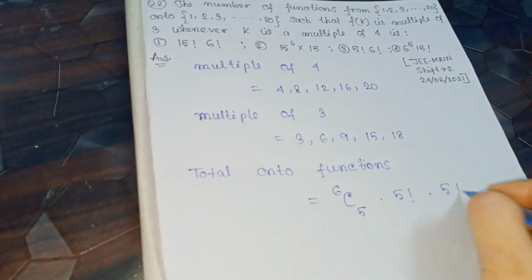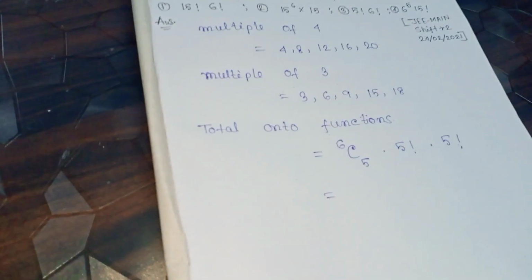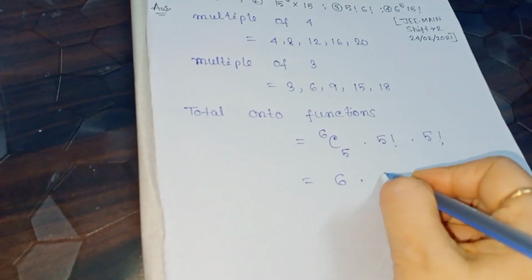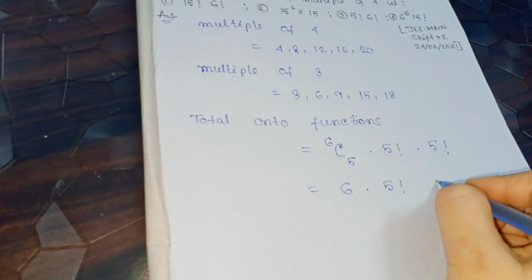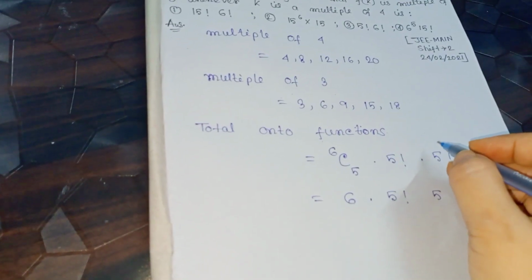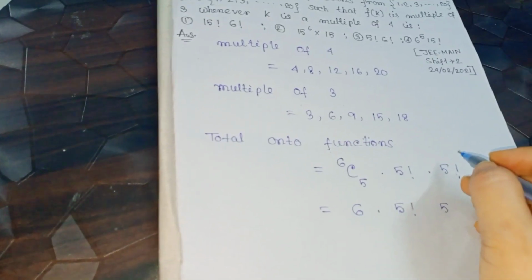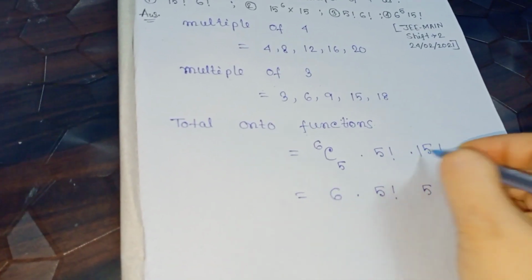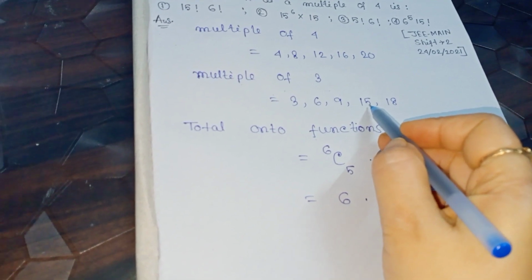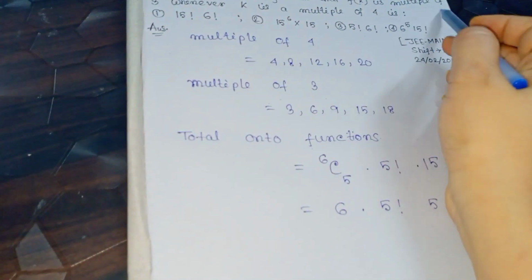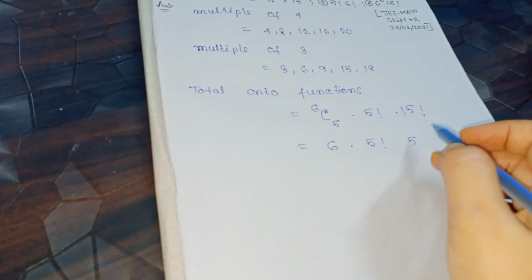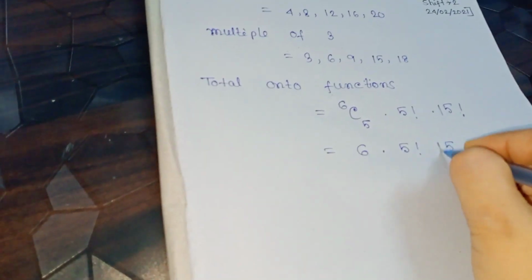We know the value of 6C5 is equal to 6 into factorial 5, and it is also factorial 15, as the multiples of 3 are 5 into 3, that means it is 15.